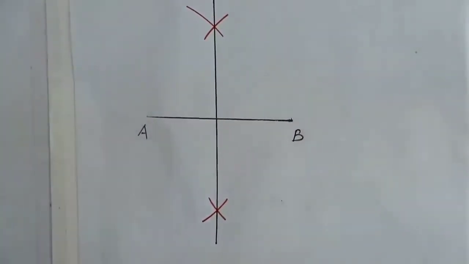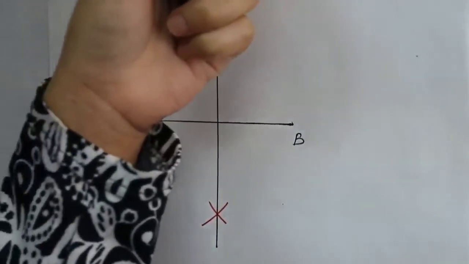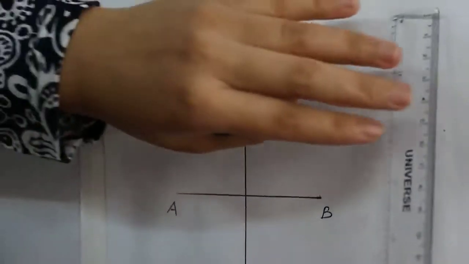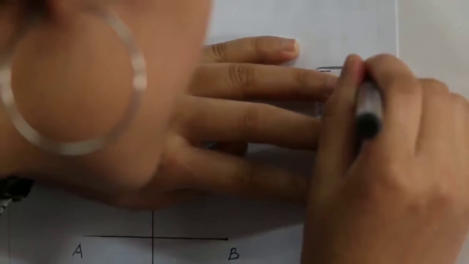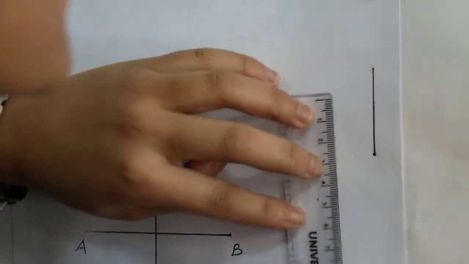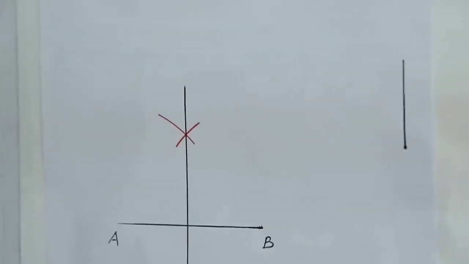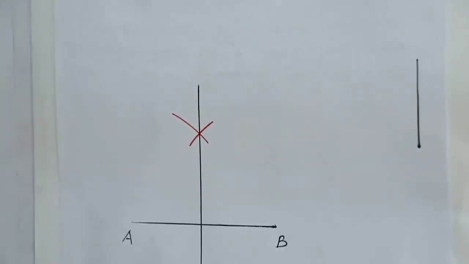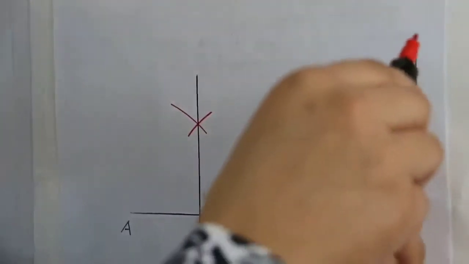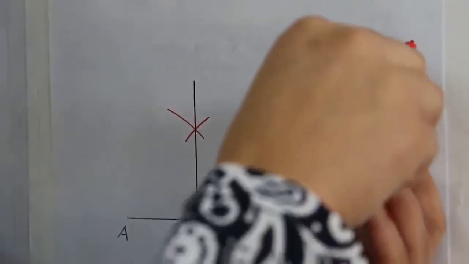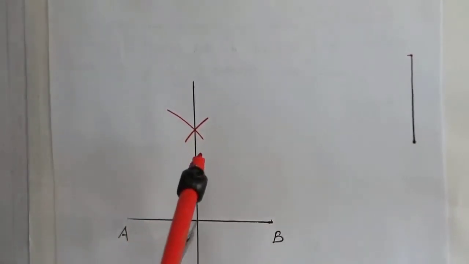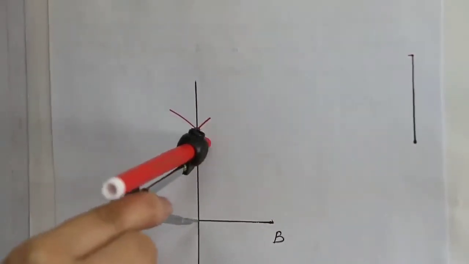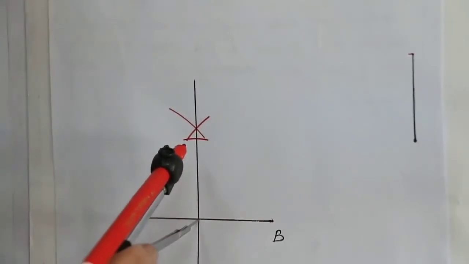Now the altitude is 4 centimeters. With your compass, you measure 4 centimeters, and then from the midpoint you cut on this perpendicular line.